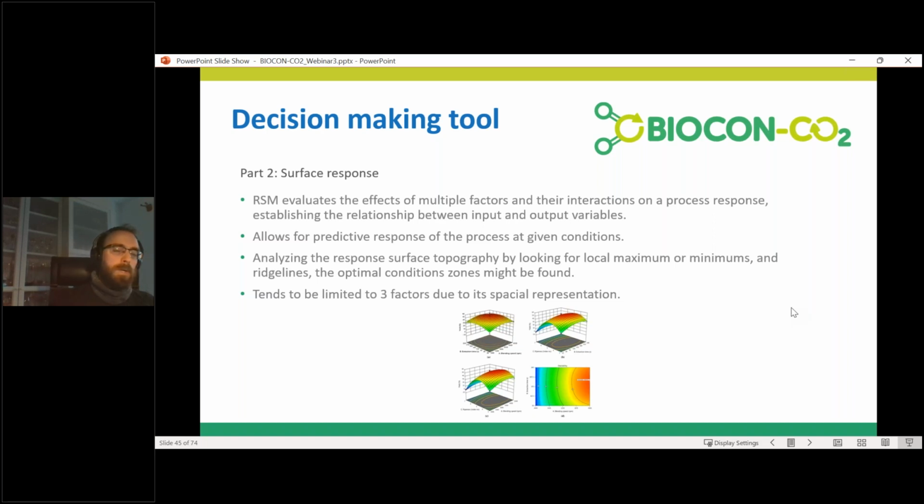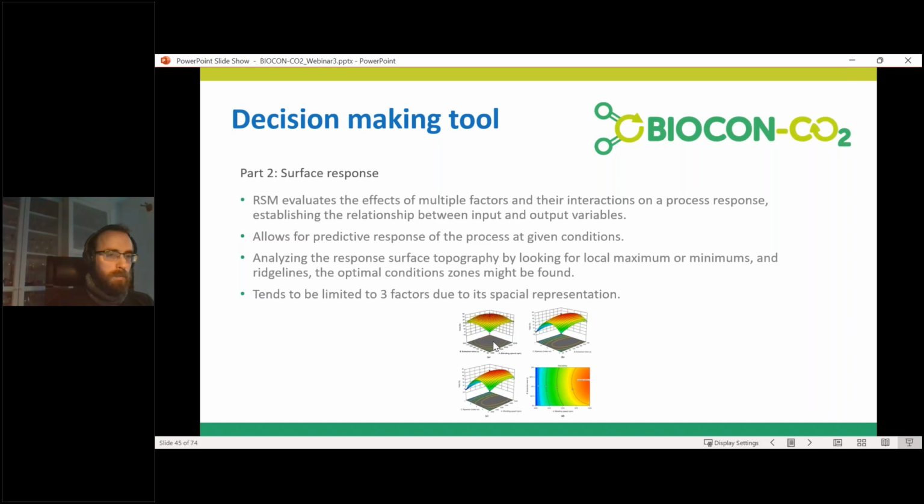Since you are able to check several variables at the same time, you see physically, in 3D, as you can see here at the bottom, what the response will look like at different conditions.